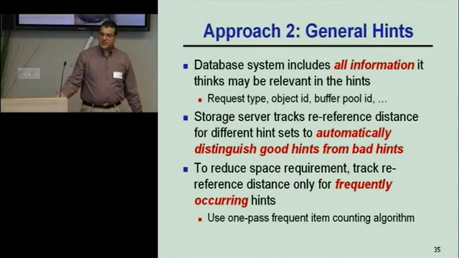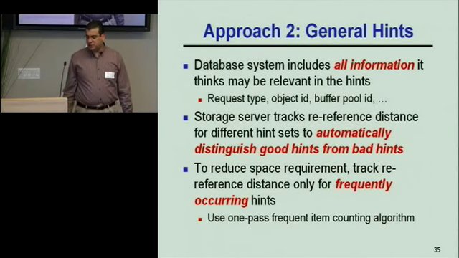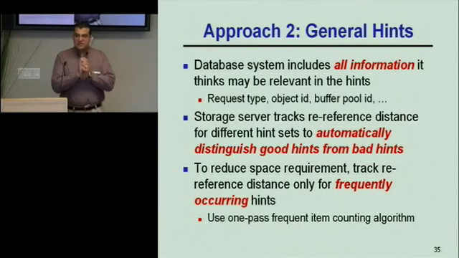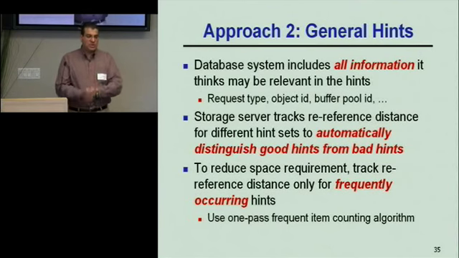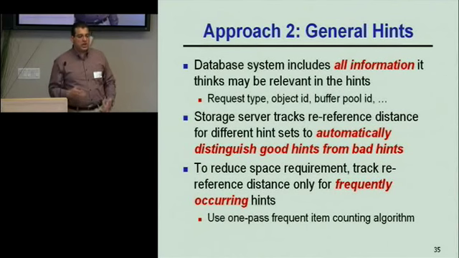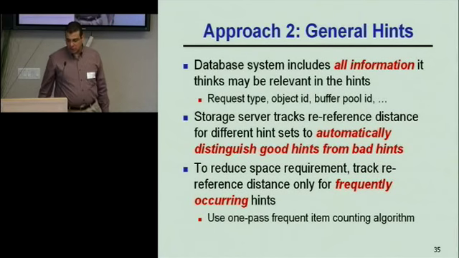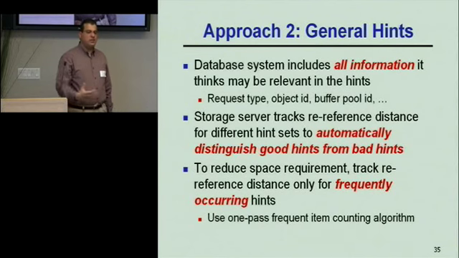Now, the second approach, which appeared in this year's FAST conference, tries to generalize this a little. Instead of requiring specific knowledge of database system internals and how it does writes, and instead of focusing only on writes, and instead of having the cache policy be specific to a specific type of hint, we wanted to have a more general hinting mechanism. So we're going to have the application, the database system, or any other application, include all information that it thinks can be relevant for caching.